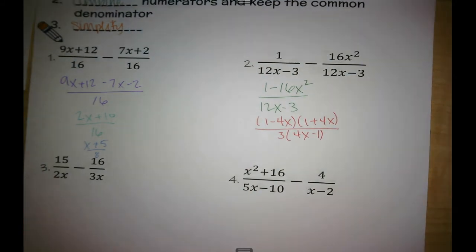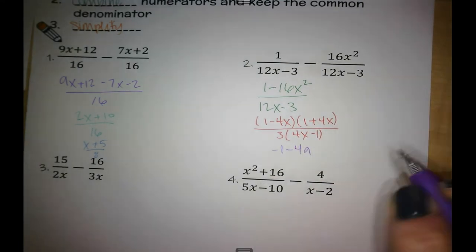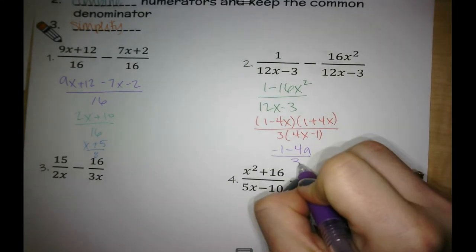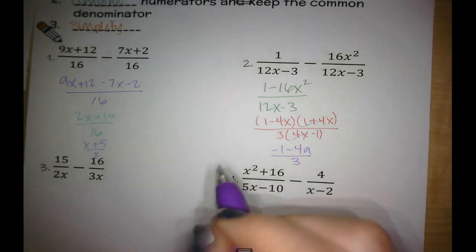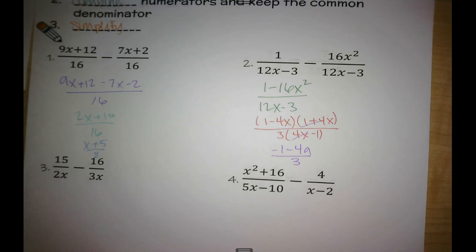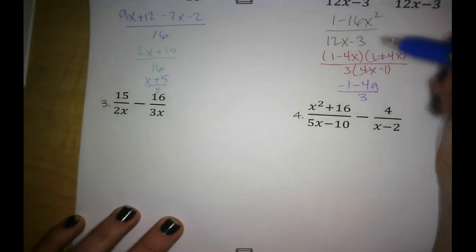And then I can simplify this to come out to be negative 1 minus 4x over 3. Basically, these eliminate. I'm not going to ask anything that complicated with negatives like that.